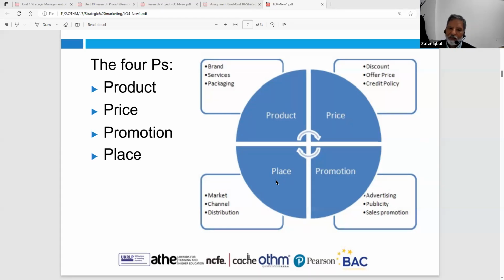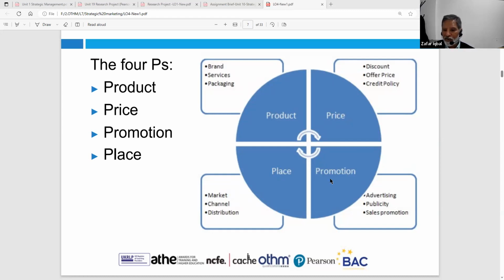So place is very important: where the product and service is sold and bought. It can be a physical or non-physical place, but it's a channel whereby the product is sold or bought.